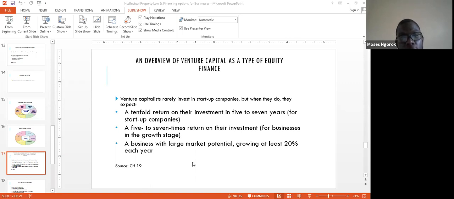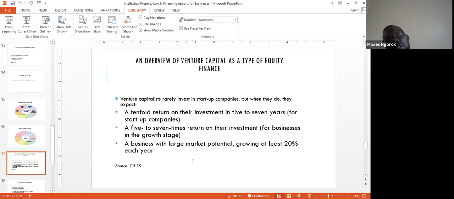When these people put money in your company, they are interested in you succeeding and growing this business and their shares increasing in value. You understand? Like I mentioned yesterday, a share is property that can be transferred, it can be held onto, and it's also property that entitles the holder to dividends in the company.